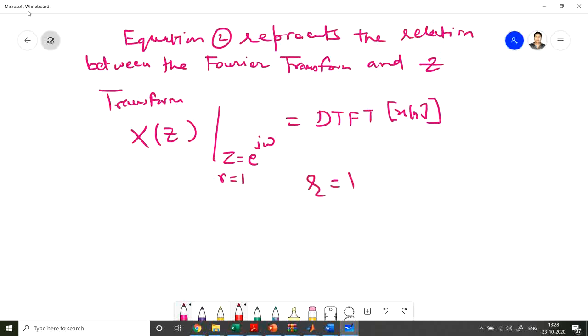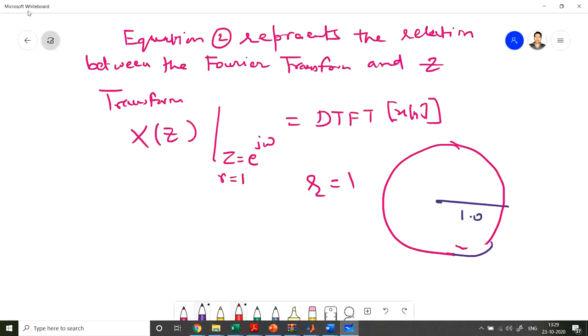So r equals 1 means we are considering the unit circle, because the circle has radius 1.